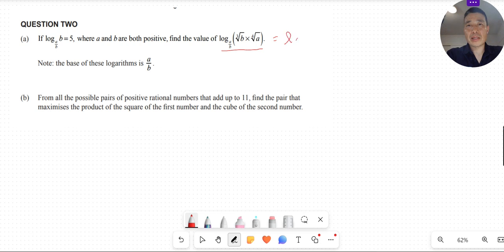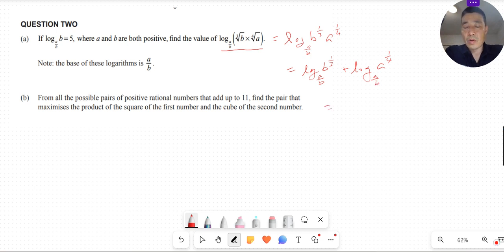Alright, I'm going to rewrite this log b to the power of 1/3 and a to the power of a quarter to the base of a over b, right? So if I split them, because it's times, I can say log b to the power of 1/3 to the base of a over b plus log a to the power of a quarter to the base of a over b, isn't it?